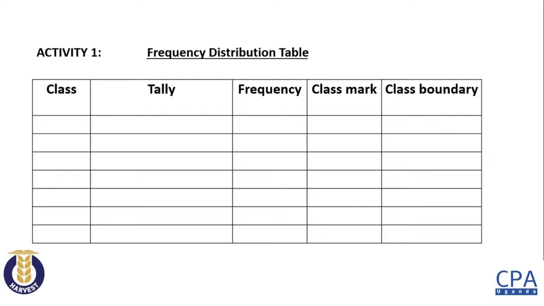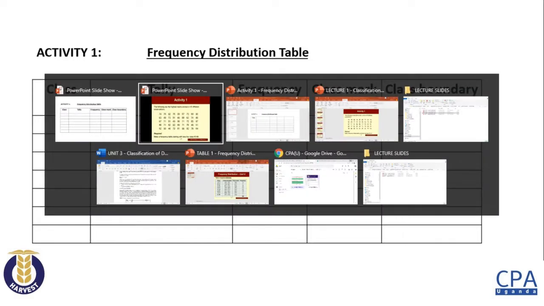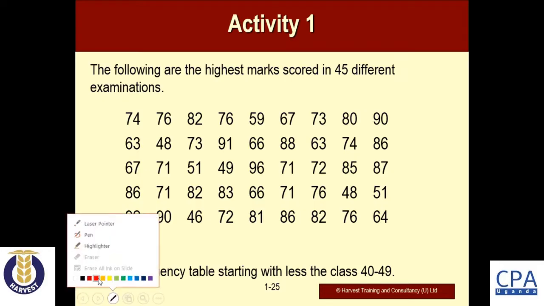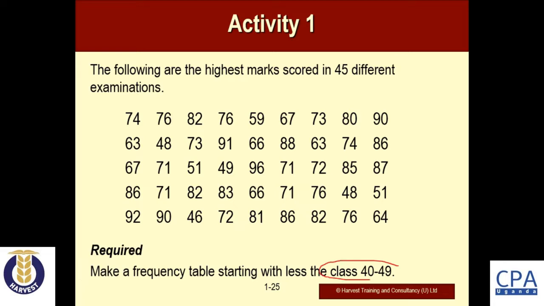So we have been told that starting with a class of 40 to 49, we need to construct a frequency distribution table. Fortunately, the examiner has given us the class. If you just look at our question here, the examiner has given us the class that we should begin with, okay, 40 to 49. But ideally, if you're not told which class to start with, you have to go through a series of steps.